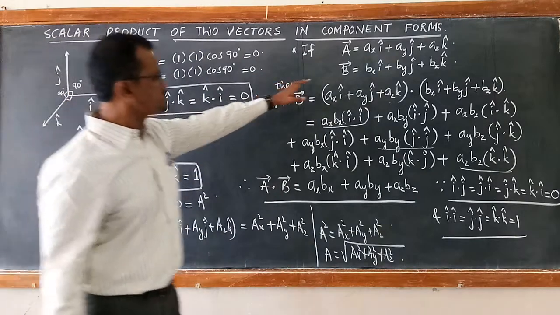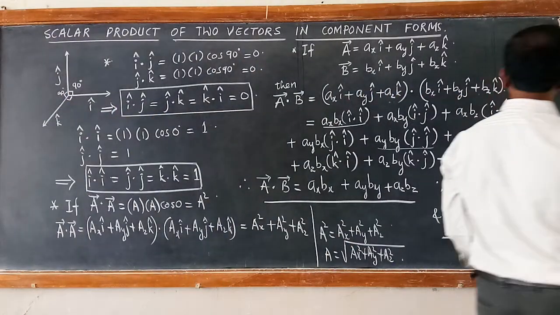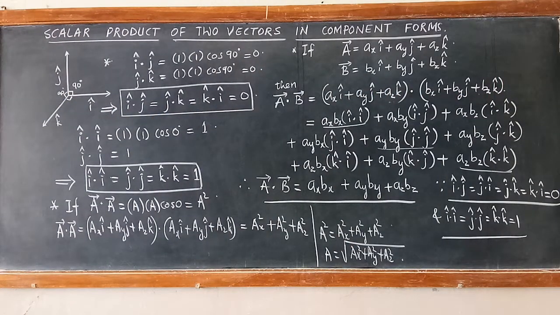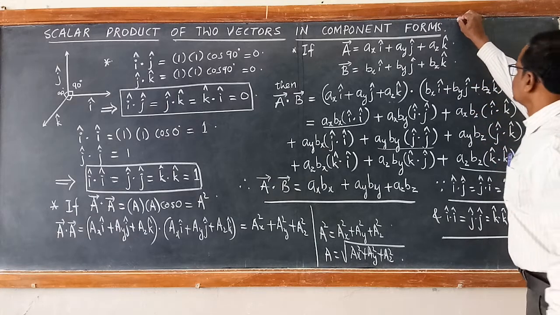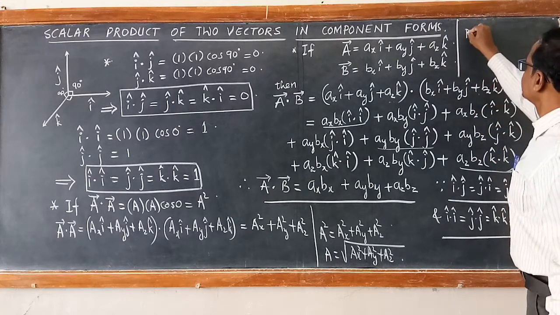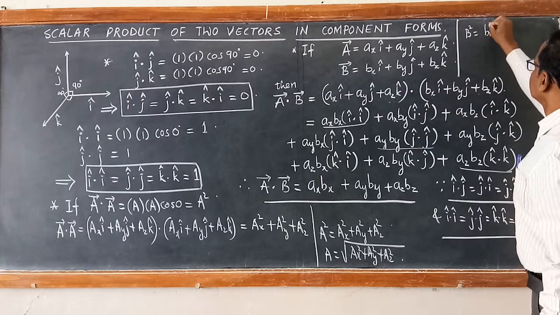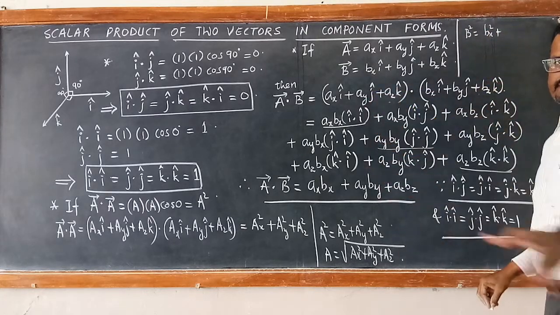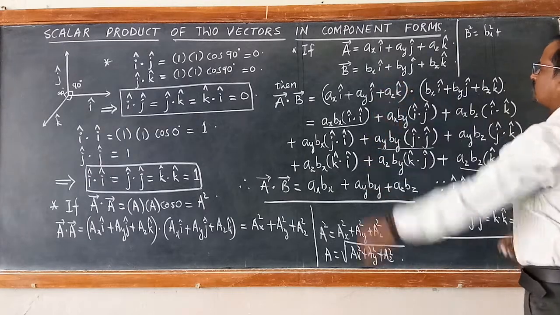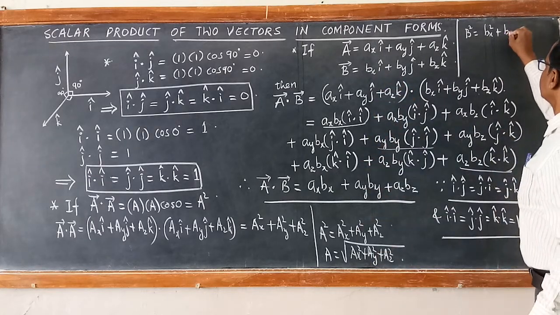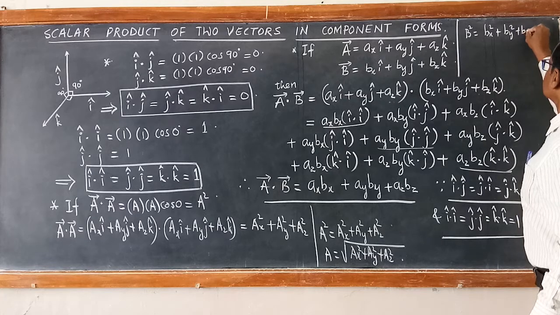Similarly, we can write what b square is. By carrying out the same procedure of dot product, b square is equal to bx square plus by square plus bz square.